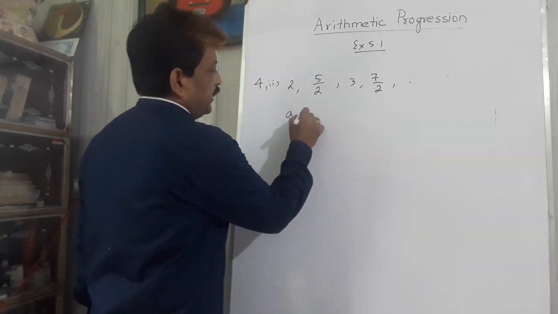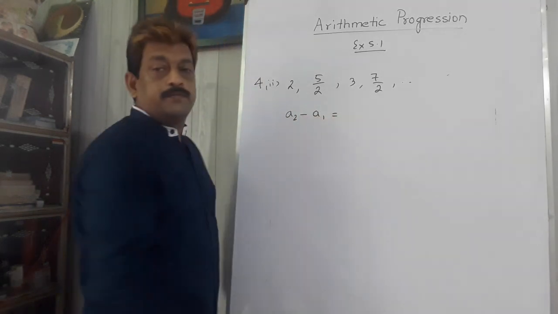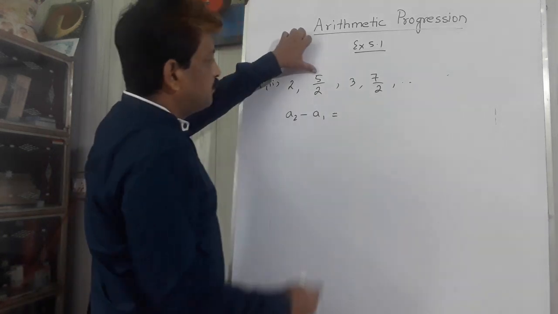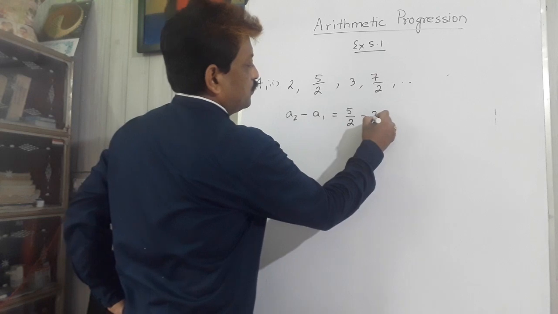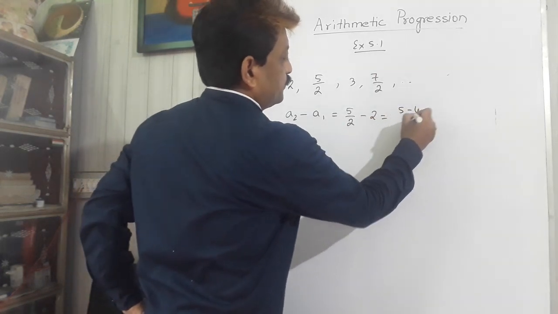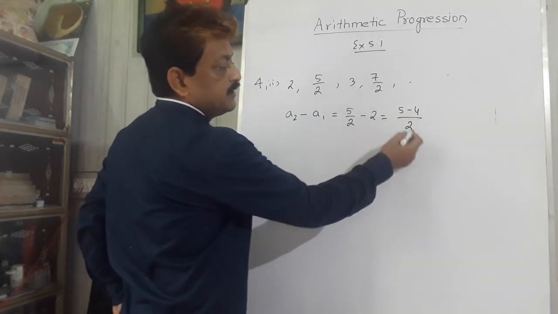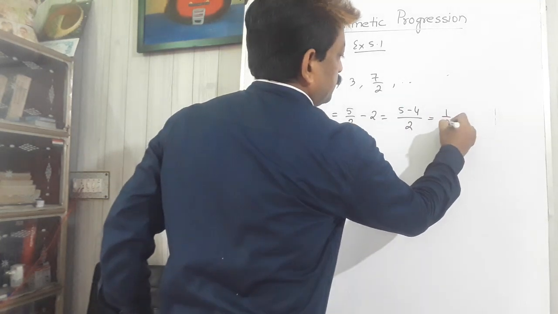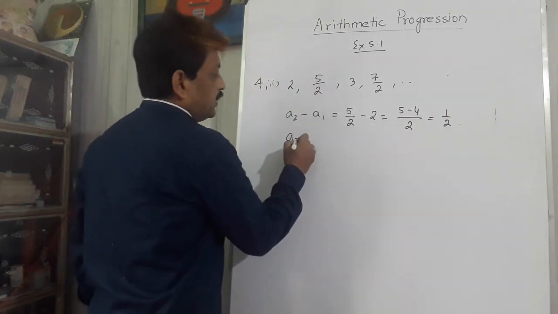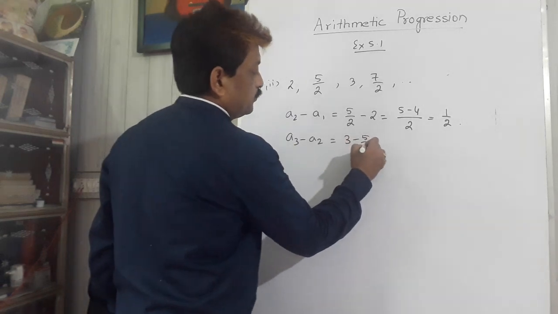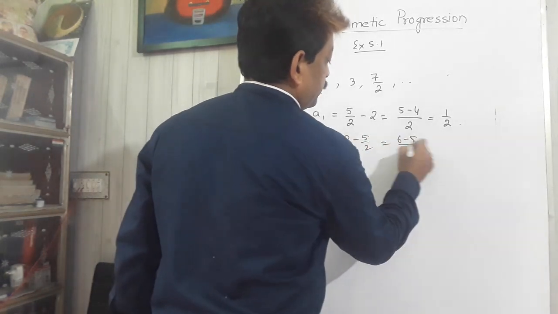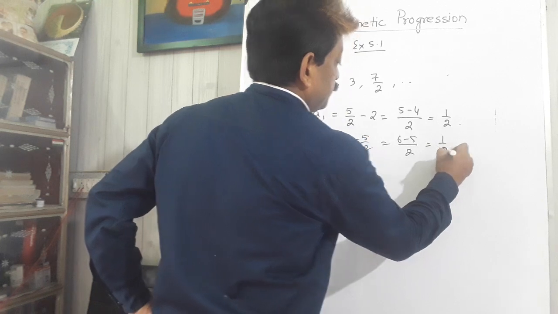So we have to find the difference. A2 minus A1: 5 upon 2 minus 2, so it is 5 minus 4 by 2 by LCM, so it is 1 upon 2. Similarly, A3 minus A2: 3 minus 5 upon 2, that is 6 minus 5 upon 2, so it is 1 upon 2.